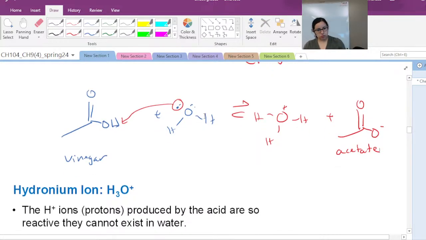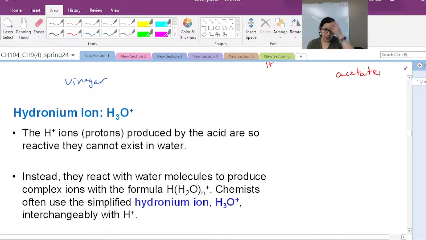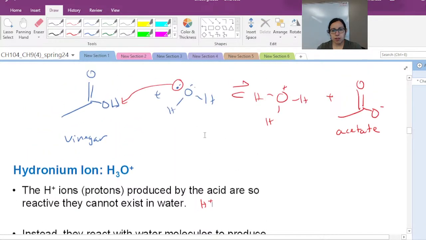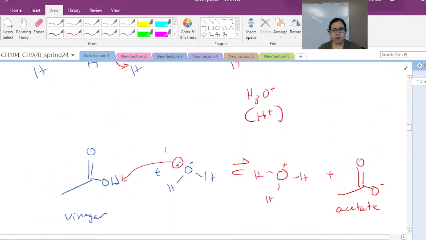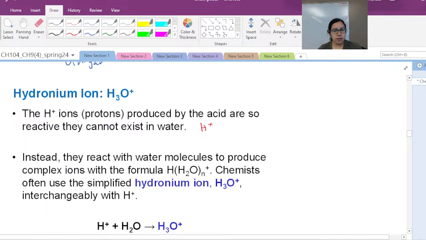All right, so just recap what we're saying. All we're saying is that we can't really just have naked H+ floating around in solution. It's just not going to exist because it's going to be so reactive that really what happens is that it gets picked up by our water species.